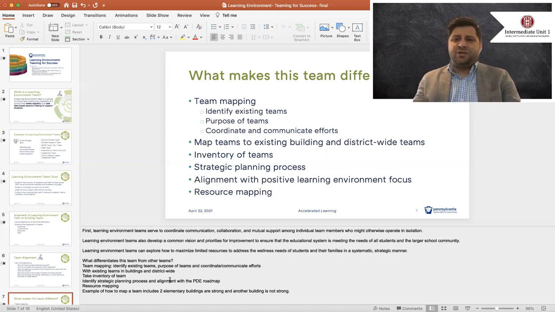So all those things contribute to that. So when you start breaking it down as a leader, or somebody tasked with this, you may find that there are gaps and there are needs to sort of strengthen and realign your existing teams.